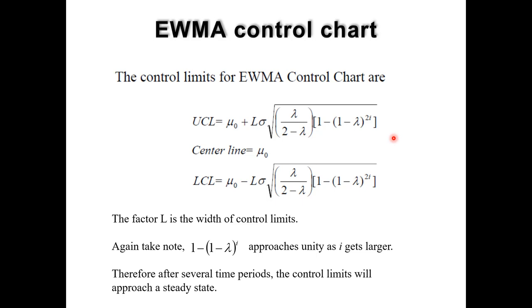One thing which is very important for you to note at this stage, especially for the Ewma control chart, is that the upper and lower control limit is actually dependent on the value of individual observation i. So individual observation i actually determines the upper and lower control limit. This means that each and every individual observation will have its own upper and lower control limit.